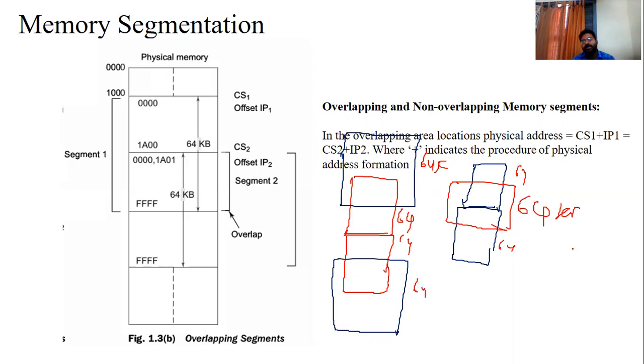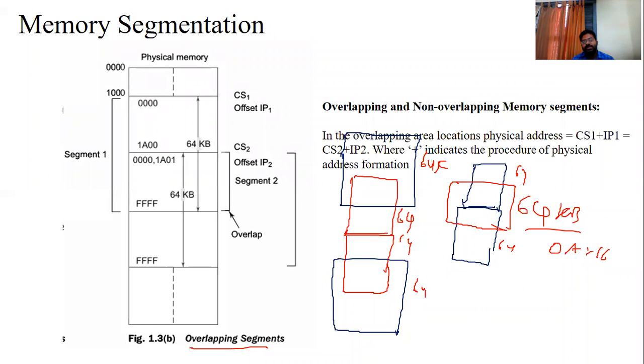Why? The offset address is also 16 bit only. So this is the overlapping. In some cases we can consider memory as overlapping. Overlapping means that before the ending of any segment, a new segment is started.